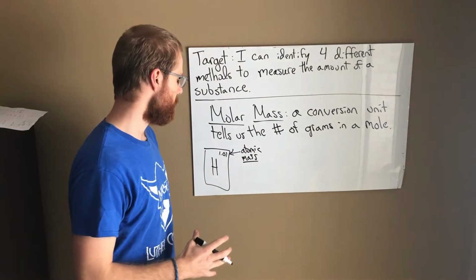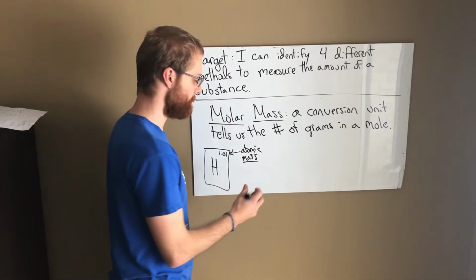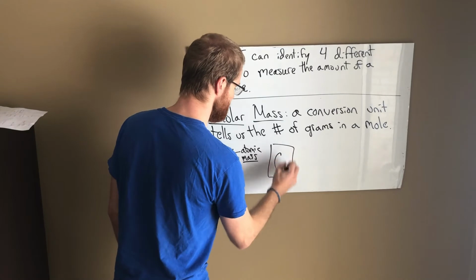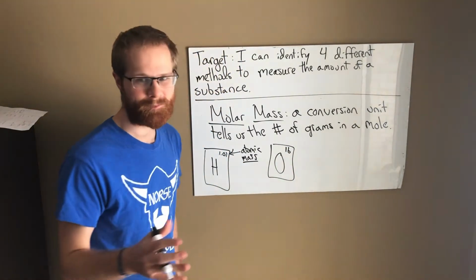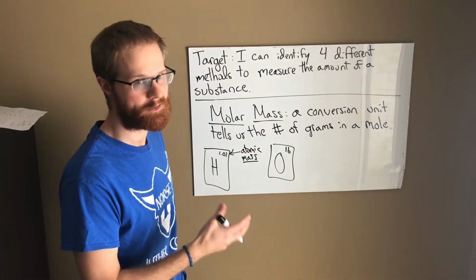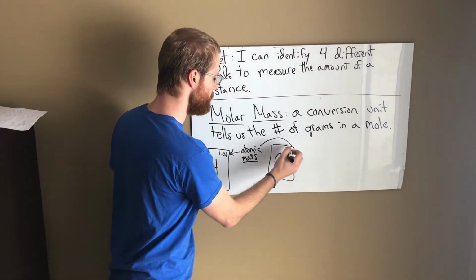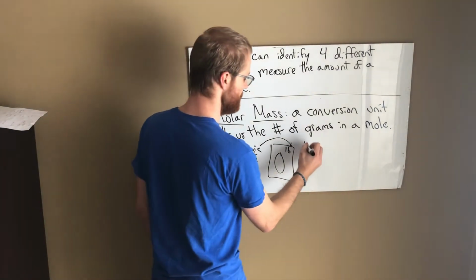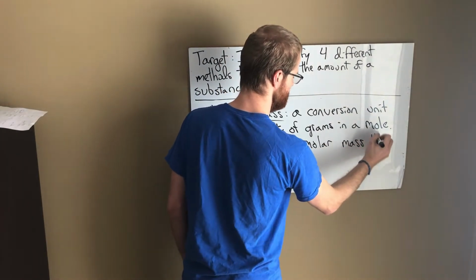Okay, so I know that the atomic mass of hydrogen is 1.01. And I also know that the atomic mass of oxygen, let's call it 16. It's like 15.999. Let's just call it 16.00 because if we're rounding, it's about 16. So how can we use these atomic masses to find the molar mass of water?